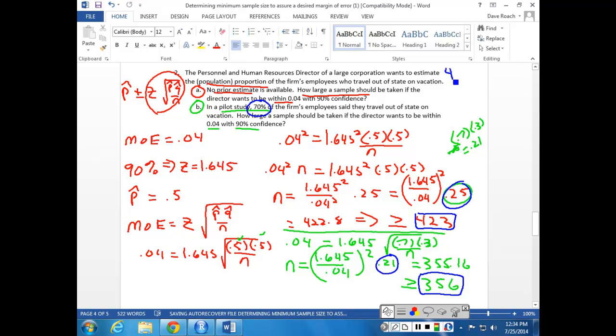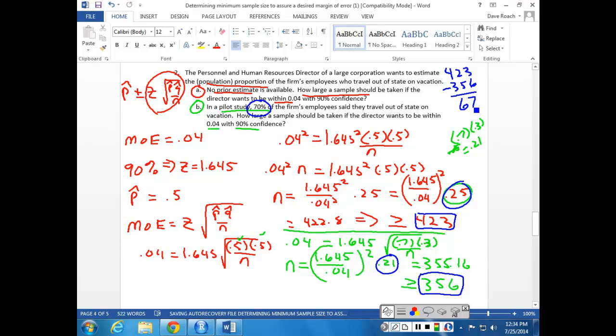So 423 minus 356 is equal to 67. So we can take a sample size that's, in this case, 67 fewer employees.